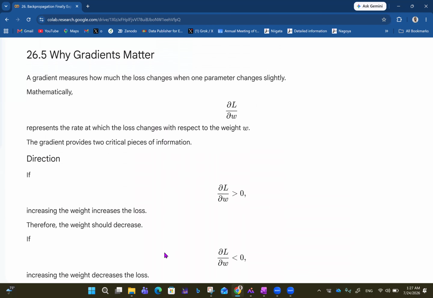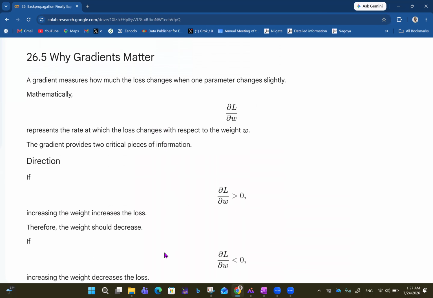So why do gradients matter? We've talked about this a couple of times in previous videos. A gradient measures how much the loss changes when one parameter changes slightly. If a weight changes, does it make the loss smaller or bigger? That's the idea of the gradient. Mathematically, ∂L/∂W represents the rate at which the loss changes with respect to the weight.